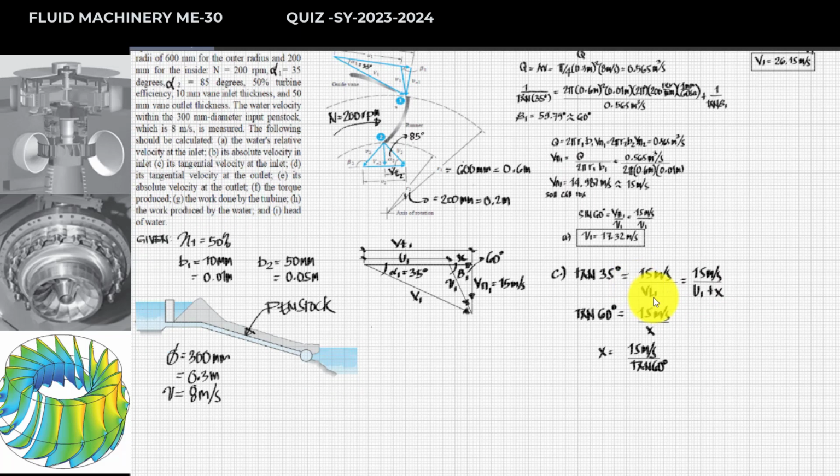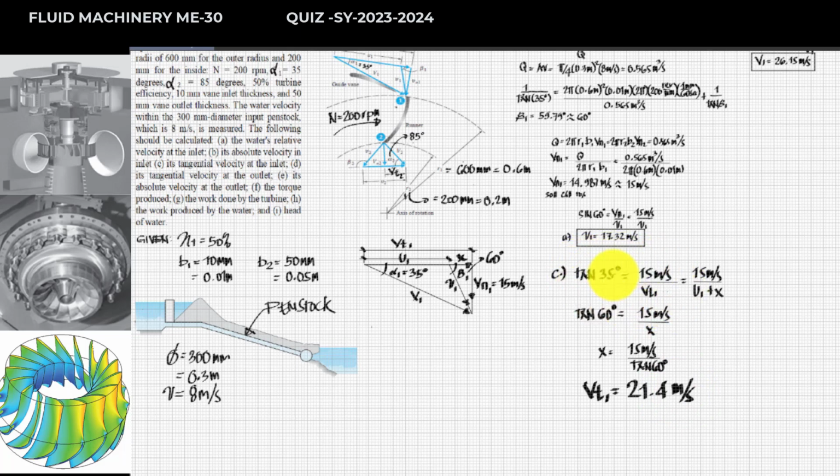Pressing my calculator, I get the value of my tangential velocity, which is equal to 21.4 meters per second.